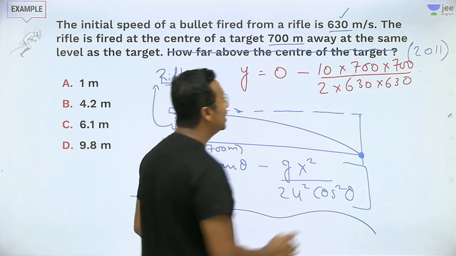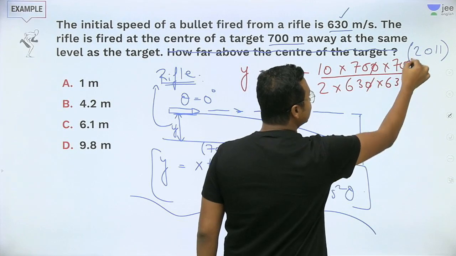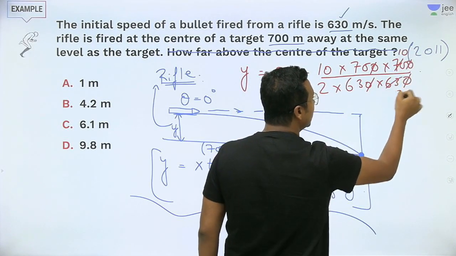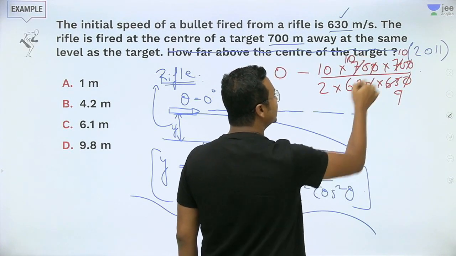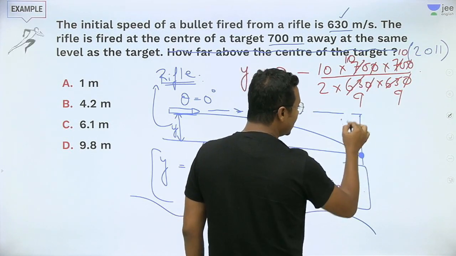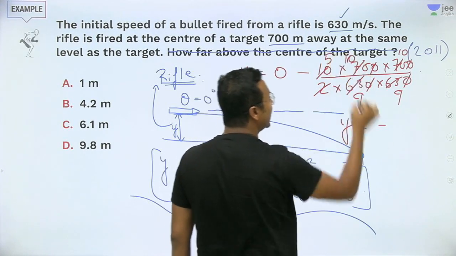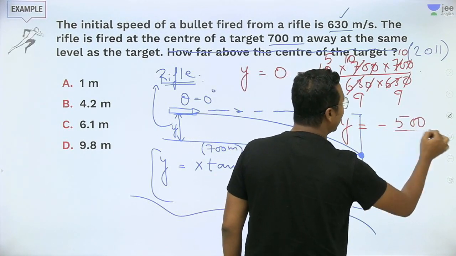Simple idea. Now the zeros cancel, this goes 10 times, this goes 9 times, this goes 10 times, this goes 9 times. So the value of y will be minus, try and understand, this will go 5 times, so minus 500 by 81.